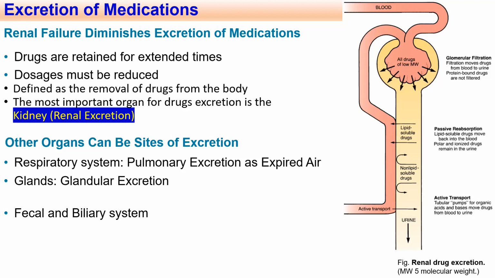Other organs can be sites of excretion: lungs, certain glands like the sweat glands, saliva, breast milk, and the fecal and biliary system, and what is called the enterohepatic recirculation. Examples of medications excreted through this would be digoxin, some antibiotics, and phenothiazines.